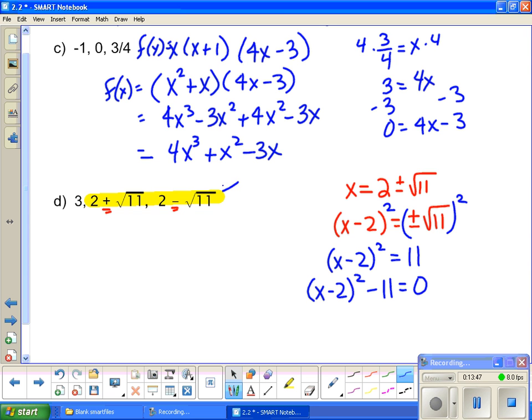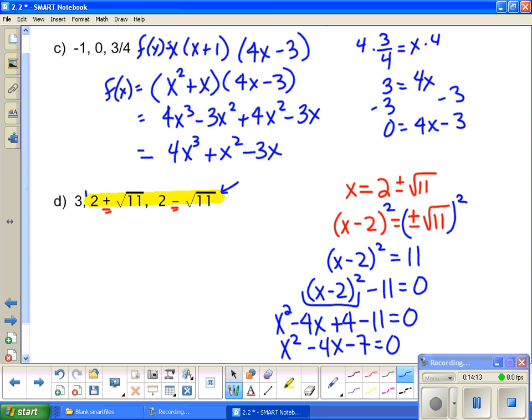That's what I'm saying there, that those are zeros. Now, multiply this out, and you get x squared minus 4x, because remember it's x minus 2 times x minus 2, plus 4 minus 11 equals 0.